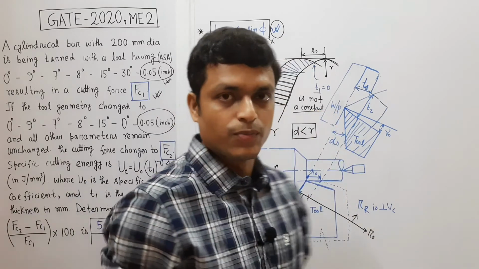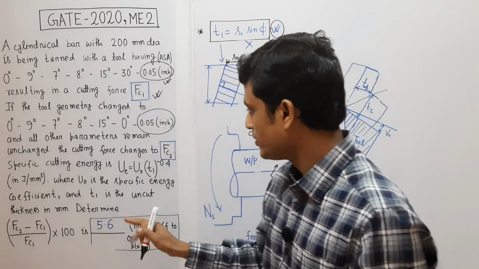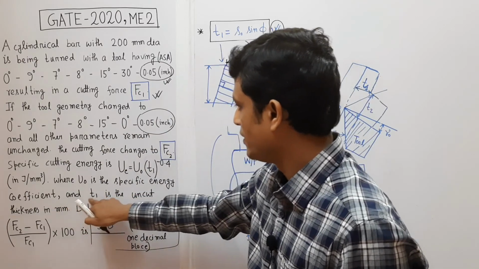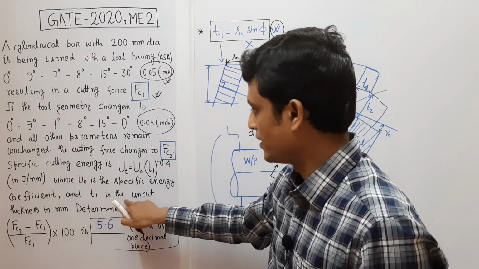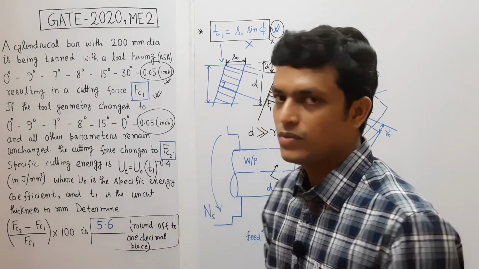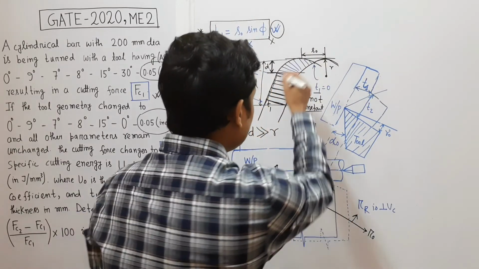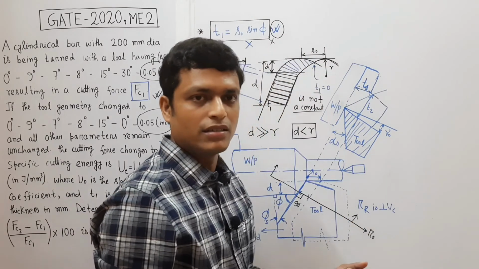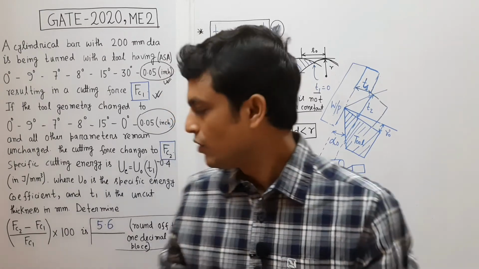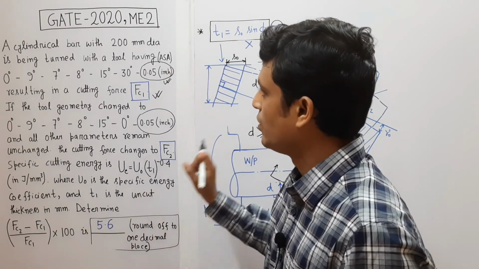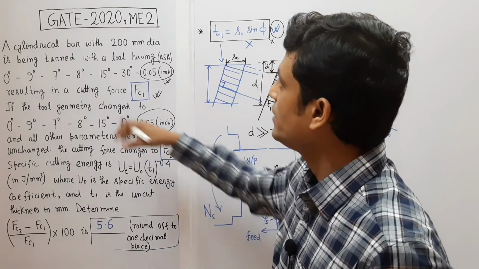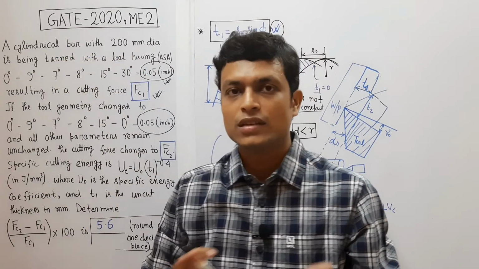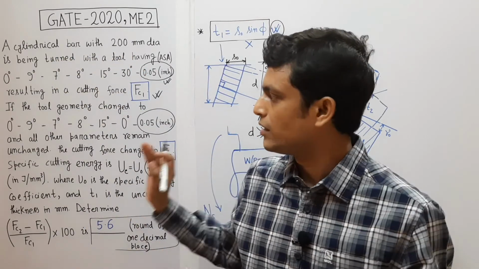So this problem will not be valid because here it is given uncut chip thickness. What uncut chip thickness? Uncut chip thickness at what instant? Or is it average uncut chip thickness? That is not mentioned in the problem, and the depth of cut of the process is also not mentioned in the problem.